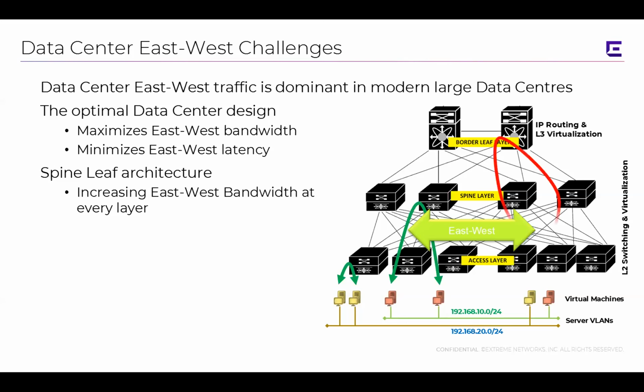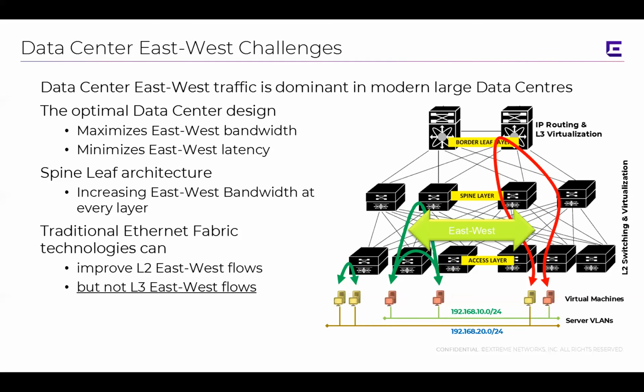But the problem starts when we would like to pass traffic between servers in different VLANs and different subnets. Then we should go to the router. And the router is in most cases in the core, or on some border leaf layer or whatever. So this is the problem. And in fact, this kind of approach is good for data centers for optimizing L2 traffic.